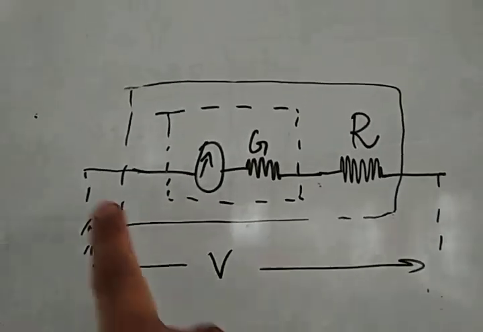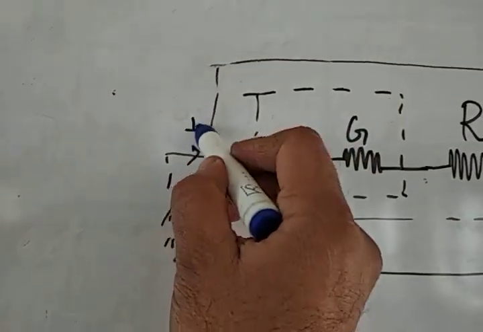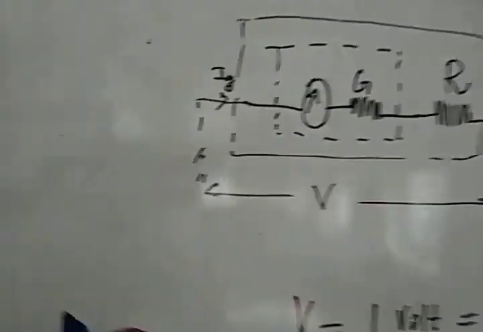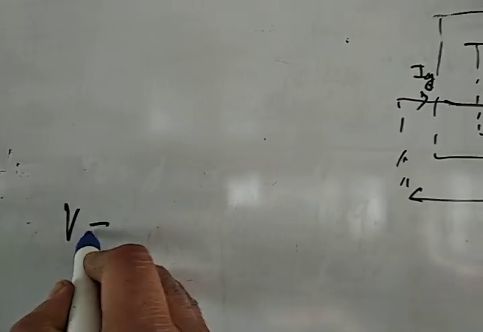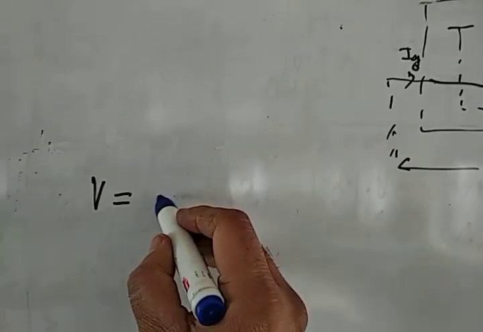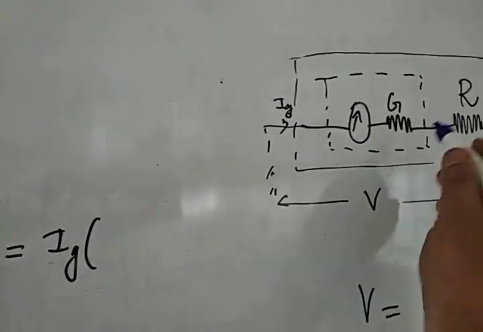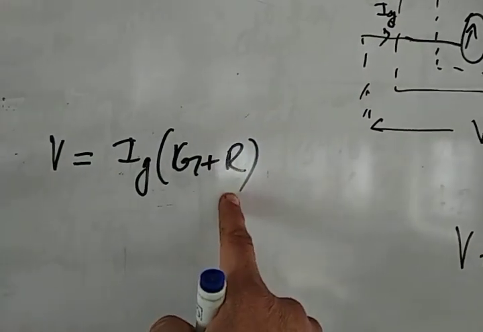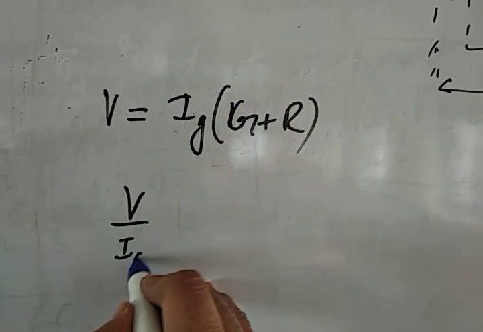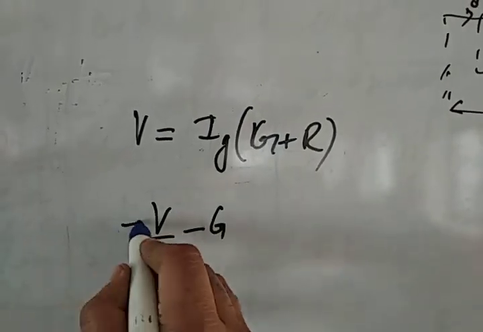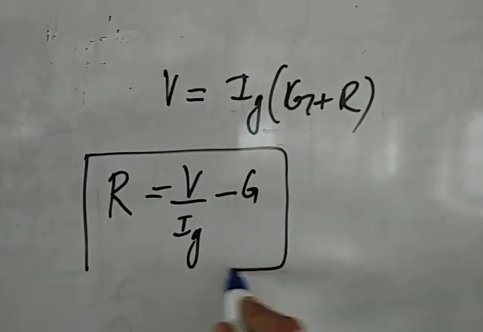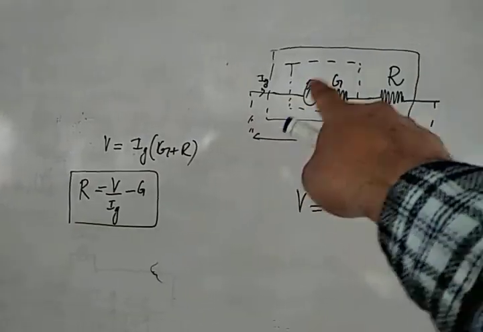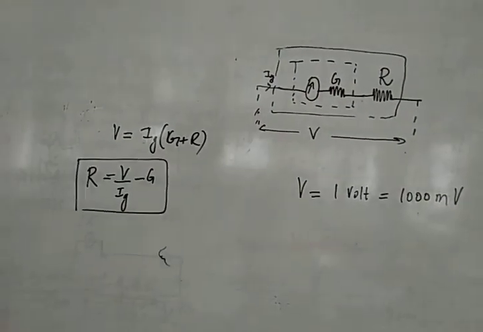Now, if we use Kirchhoff's law to find the relation between V, I, G and R, we can clearly see that the voltage across the voltmeter is simply the current through the voltmeter times the resistance, which is now G plus R. We need to evaluate for R. So R equals V by Ig minus G. This is our formula for calculating the series resistance that we need to attach to this galvanometer to convert it into a voltmeter.